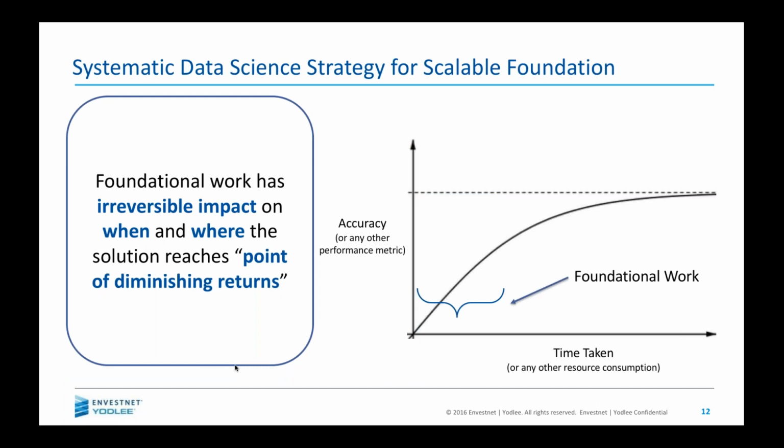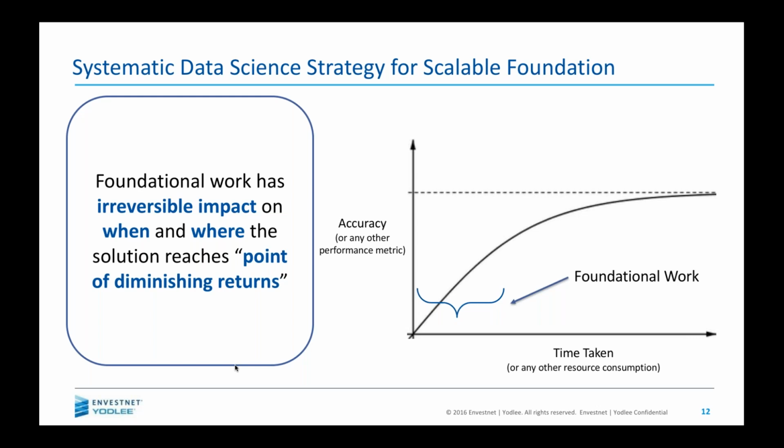What you see here is a representative graph where I want to make a couple of points. On the x-axis, you see the time taken or any other consumption of resource. And on the y-axis, what you see is accuracy or any other metric that you would use to evaluate or quantify your performance.